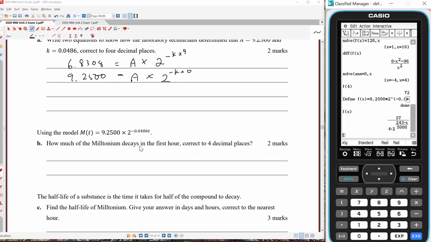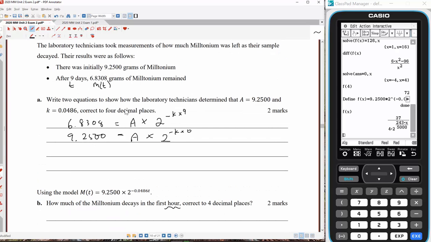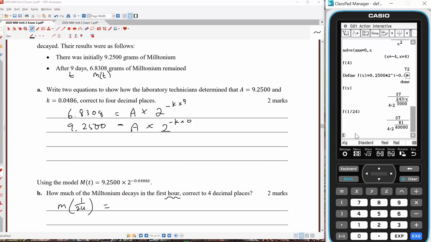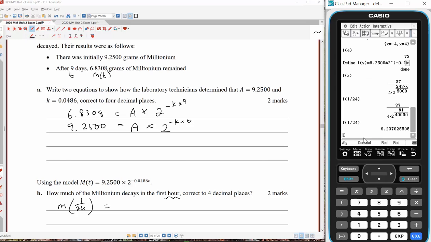How much of the miltonium decays in the first hour? Correct to 4 decimal places. The question has time in days, so the first hour is 1/24 of a day. So that's going to be m of 1/24. Let's put that into the function. So how much of the miltonium decays in the first hour?